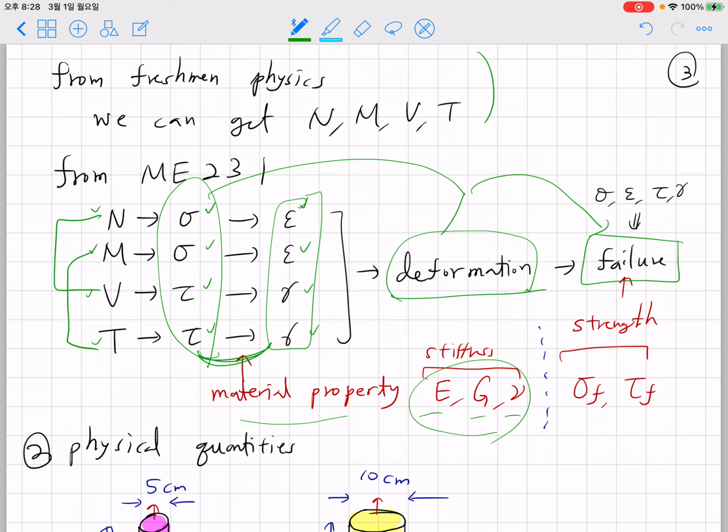So we'll obtain deformation by connecting stress and strain in this ME231 course, and we'll predict failure by comparing the stress applied on each body with the strength of the material. Strength is the maximum stress that each material can sustain. Without giving the definition of stress and strain, I'm telling you too much. So from now on, let me give you the definition of stress and strain soon.